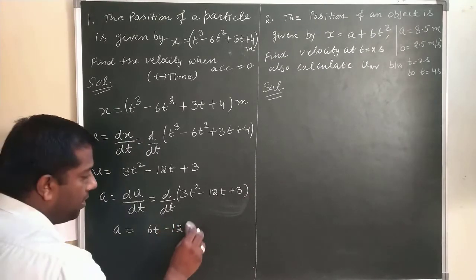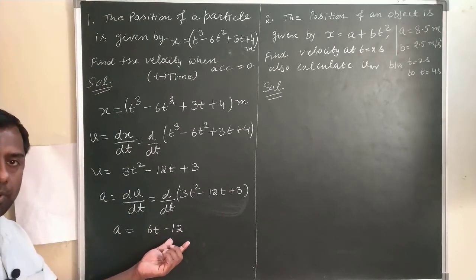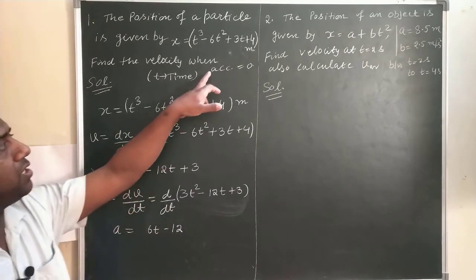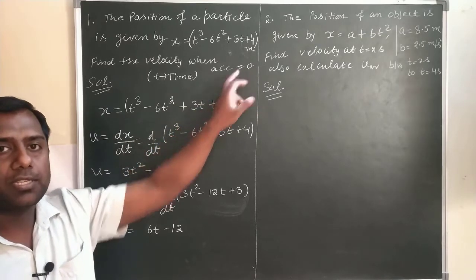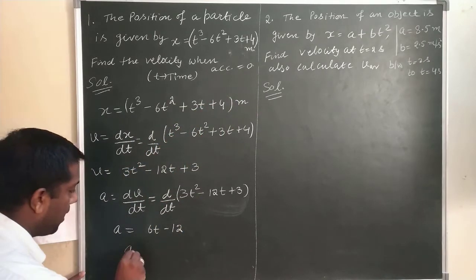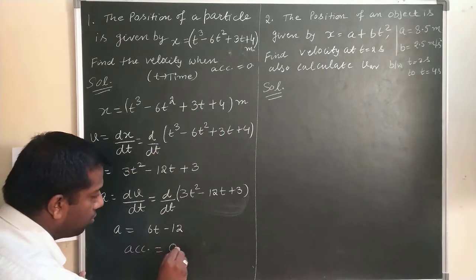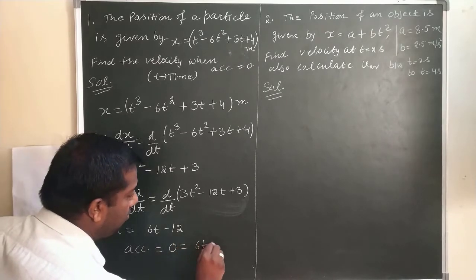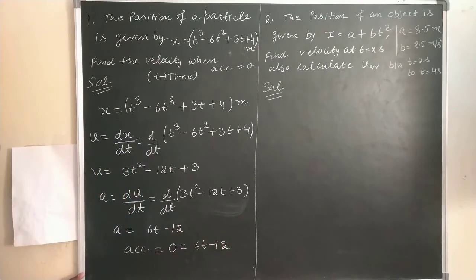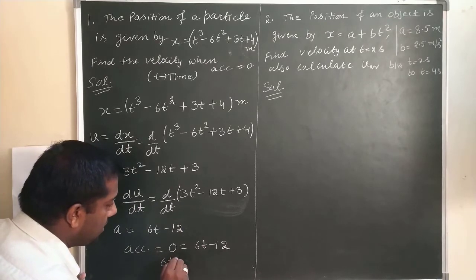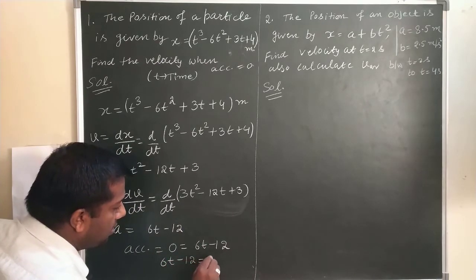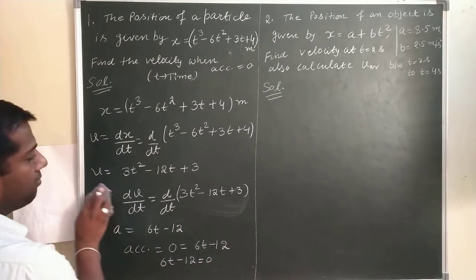So acceleration is 6t minus 12. They have given that acceleration is 0, meaning 6t minus 12 is 0. So we will solve this.